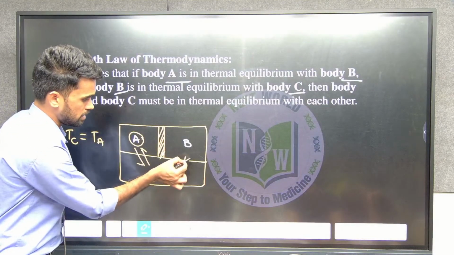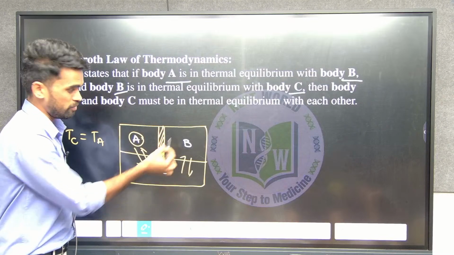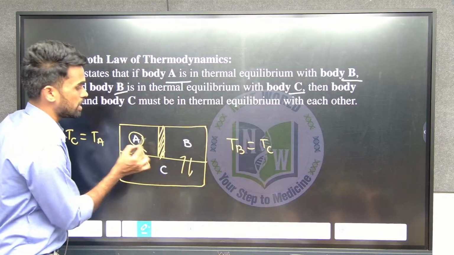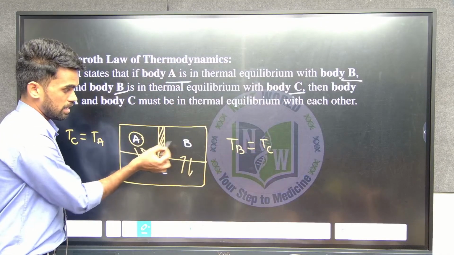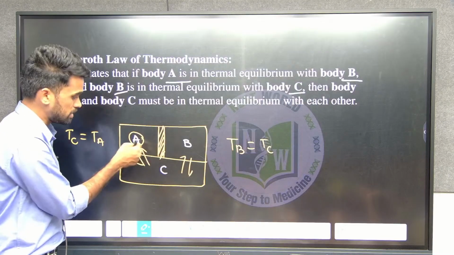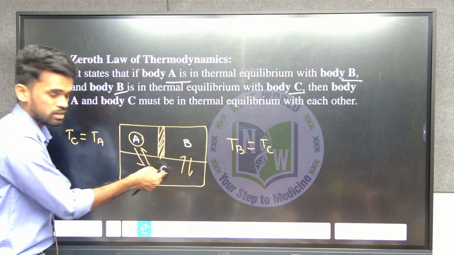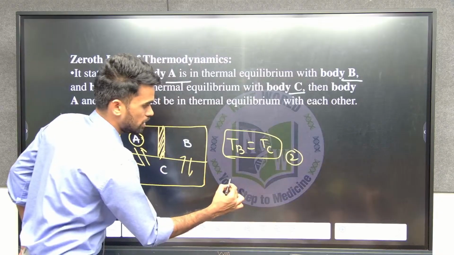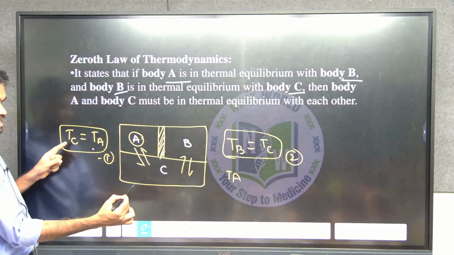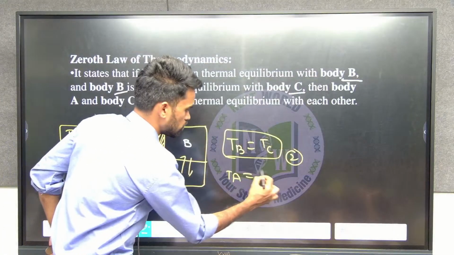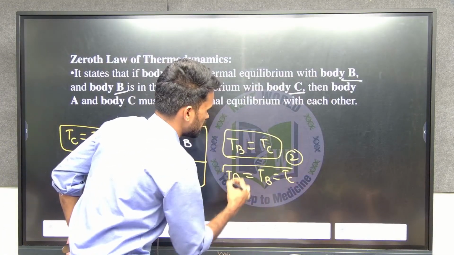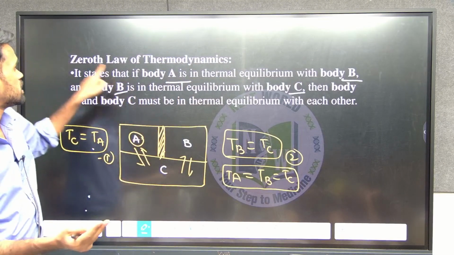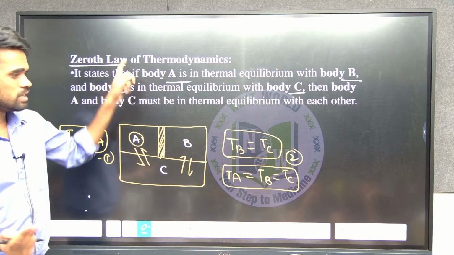Similarly, B and C are in thermal equilibrium, so TB equals TC. But what about A and B? Seen this way they are not, but in this way they are in thermal equilibrium. So from 1 and 2, TA equals TC, so TA equals TB equals TC. This is a very basic law, but it was proposed after the first law of thermodynamics, which is why it is named the zeroth law.